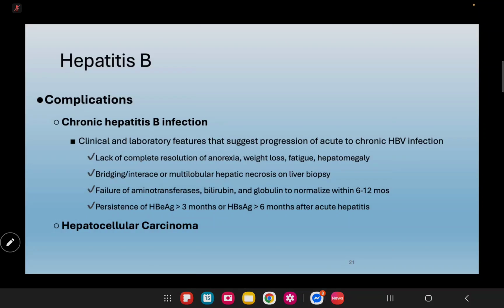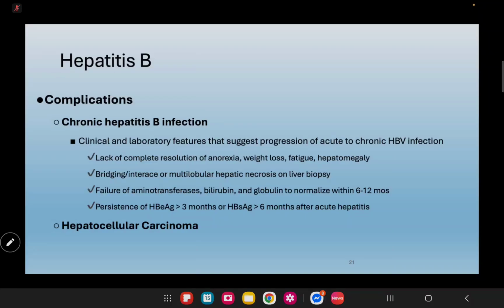Chronic hepatitis B infection is a major risk factor for hepatocellular carcinoma, even in the absence of cirrhosis. Okay, the usual course, no? In liver problems, usually it will start with infection, and then fibrosis, and then cirrhosis, and then liver cancer.